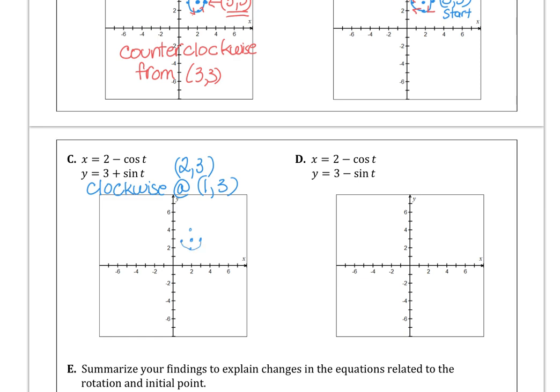So we're going to go this way, and starting here at 1, 3 is our start spot. We have to go clockwise, so clockwise is going to go up in this case.